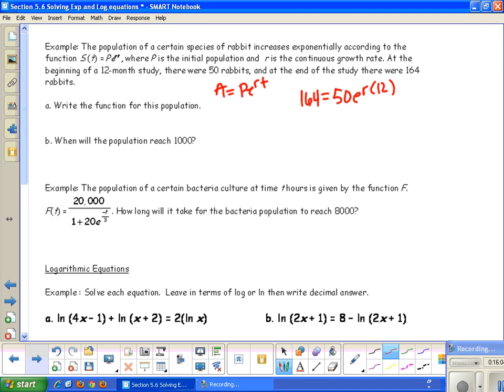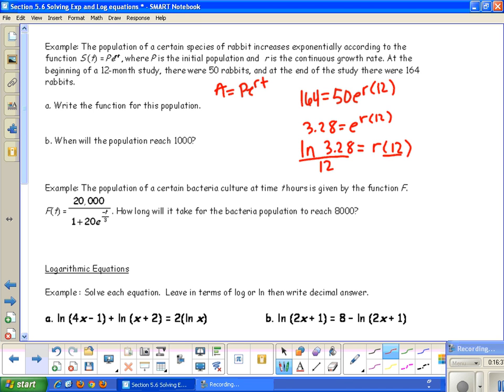So when I solve this equation, I would divide by 50. And since this is base e, I'm going to use natural log and rewrite this. So I can take the natural log of both sides, or I can write this in natural log form, just like I did in the last equation. So this would be the natural log, base e, which we don't need to write, of 3.28 equals my exponent. So I'm doing the natural log of 3.28.